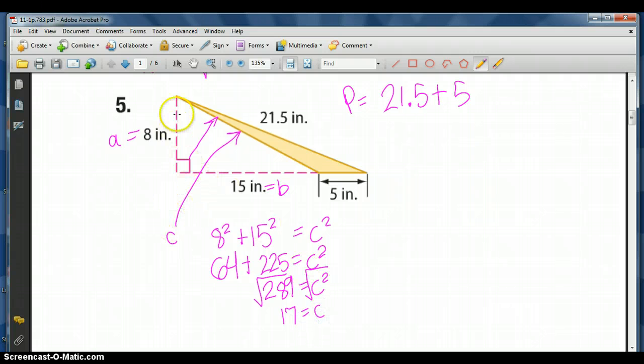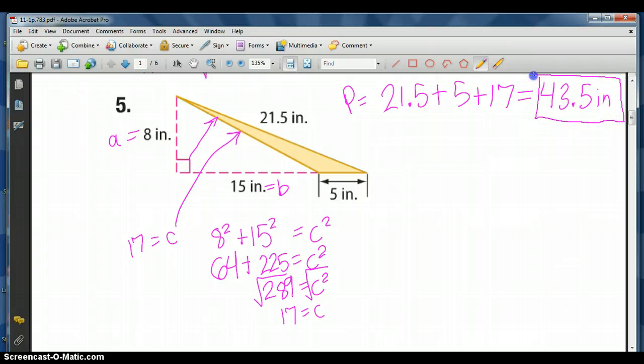So C is equal to 17, and now we can find our perimeter. So if we add the 3 sides of our triangle together, that gives us a perimeter of 43.5 inches.